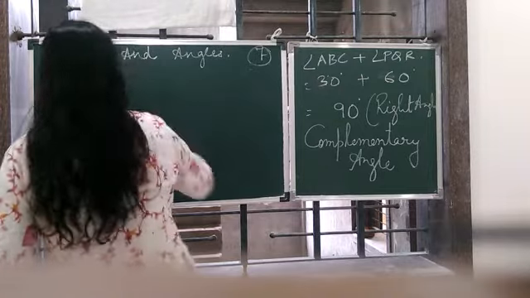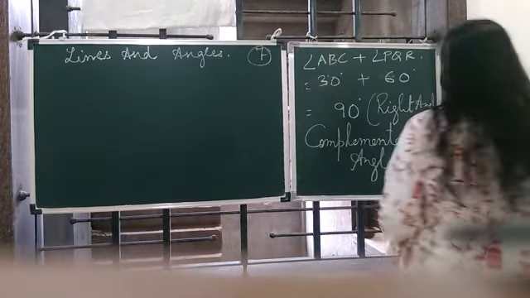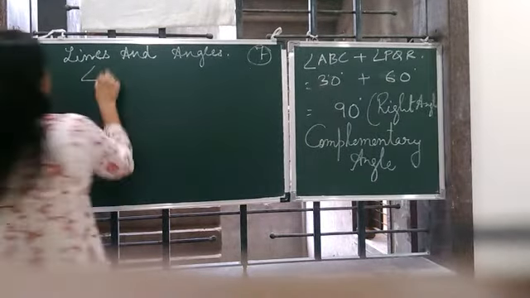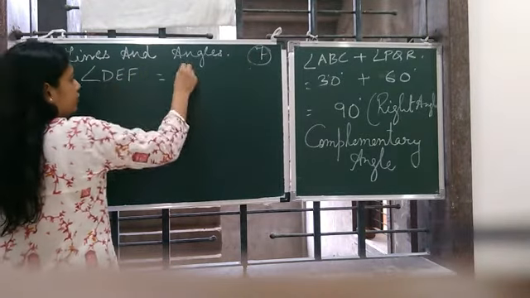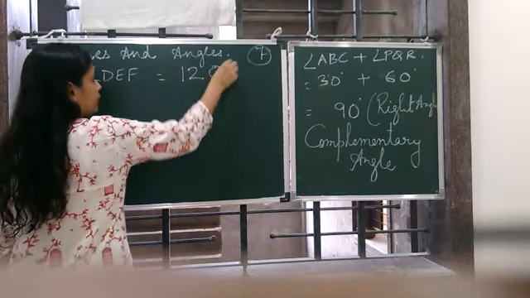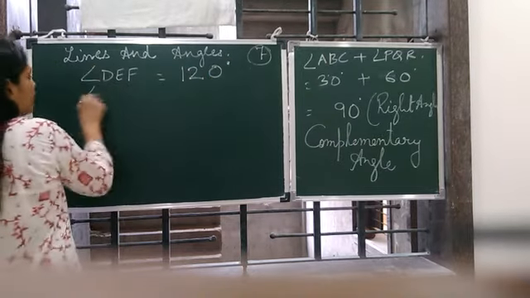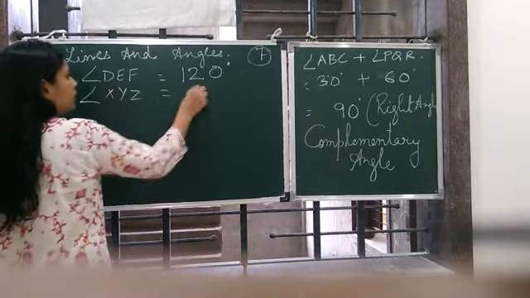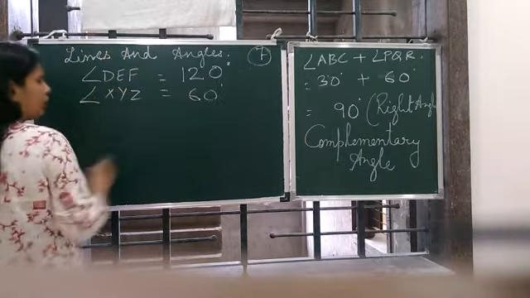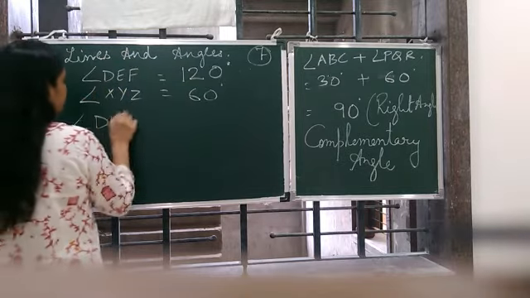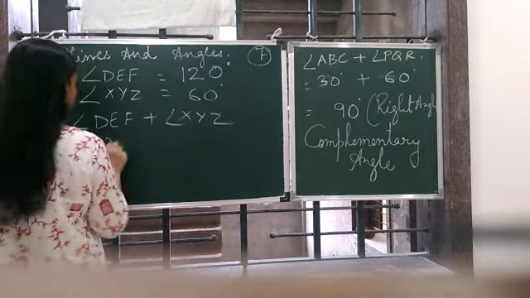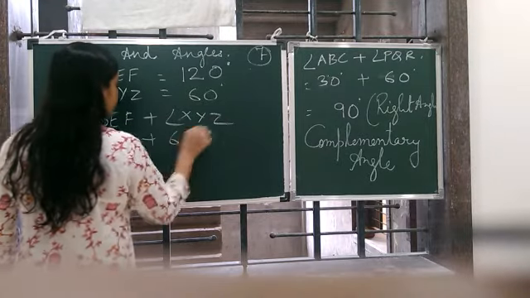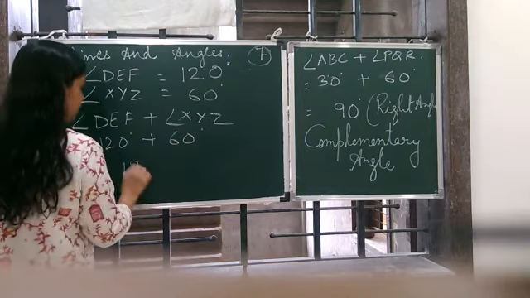Similarly, suppose there are two more angles. Let's say angle DEF, 120 degrees, and angle XYZ, 60 degrees. Again we sum them. 120 degrees plus 60 degrees is equal to 180 degrees.